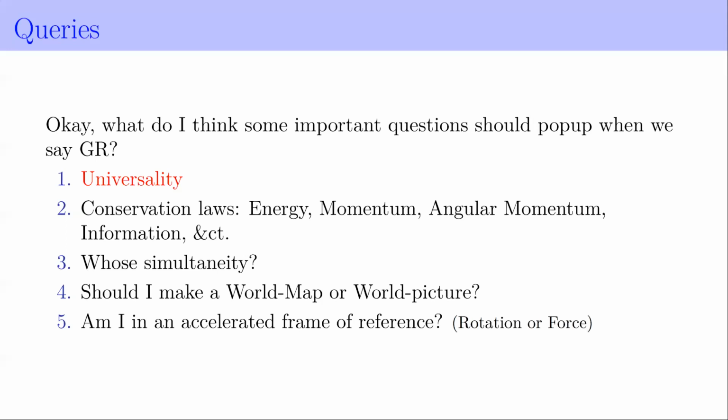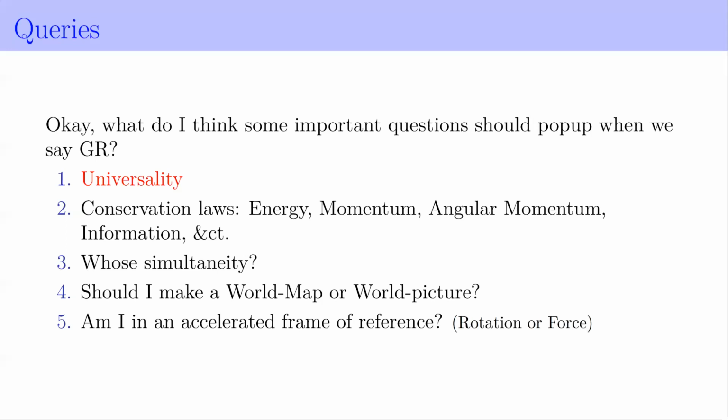You also need to worry about conservation laws, such as the law of conservation of energy, momentum, angular momentum, information, and a whole lot of other things as well. You should always ask, whose simultaneity are we dealing with?